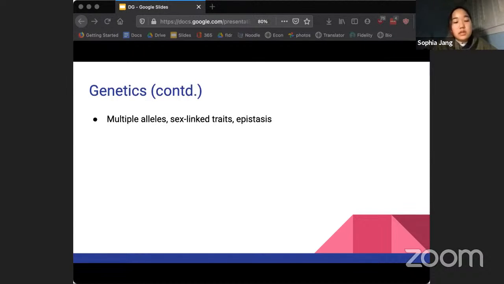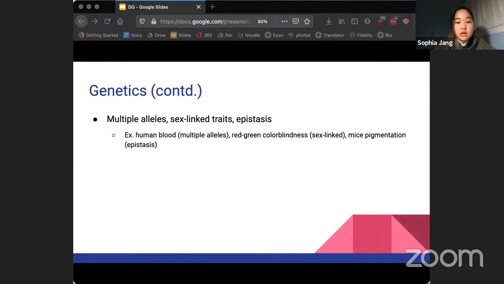So in genetics questions for Designer Genes, you might be asked about different ways that traits can be passed down. Some traits depend on a combination of multiple alleles, like your human blood. You have type A, type B, type AB, type O. You also have some traits linked to your sex. So if you're male, where you have an X and Y chromosome, you're more likely to have those traits passed down.